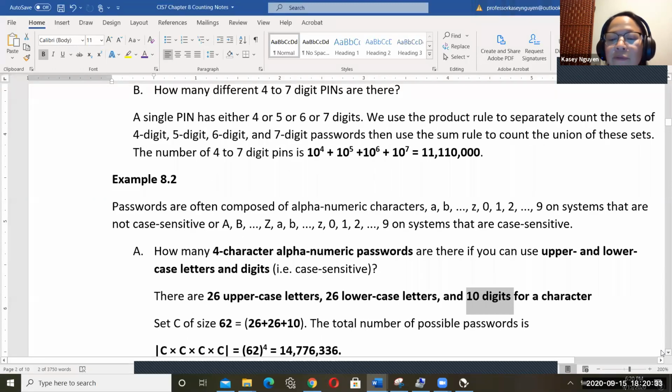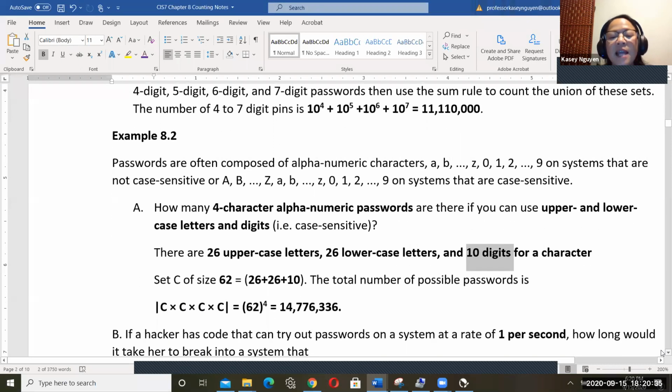For our set, you have to sum all of this up. You can't just say it's 26 or it's 10. It's 26 plus 26 plus 10, because we can select from this entire set. That gives you a cardinality of 62.